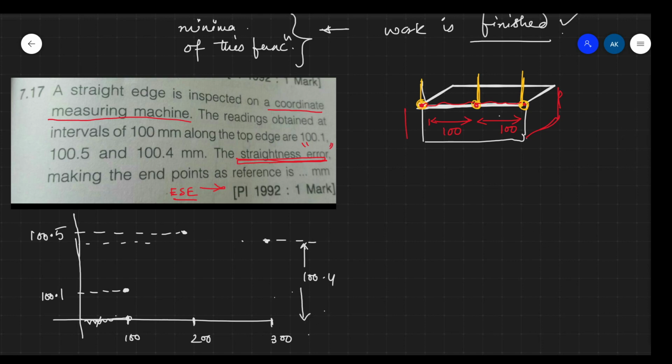Now they want me to estimate the straightness error, making the end point as reference. So what are the end points? This is the first point, this is the last point. So construct a straight line. So this is a straight line using the first and last point as the reference. And they want me to estimate the error.